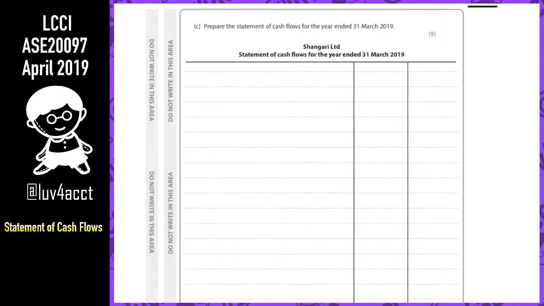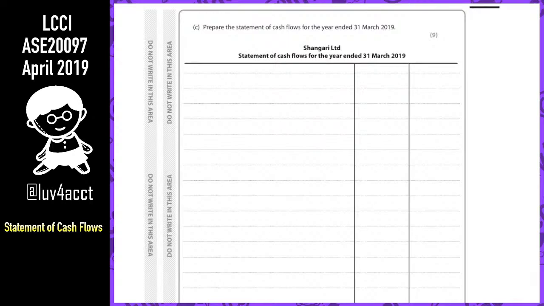Okay, just now it is net cash from operating activities 120860. Okay, and then next part would be investing activities.